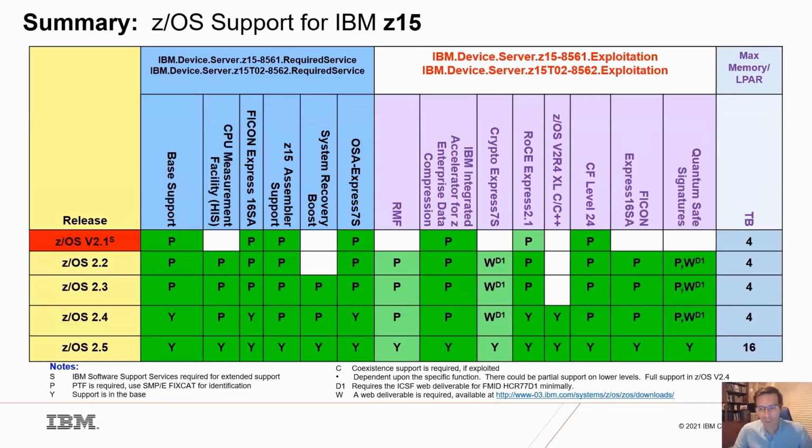Do you need web deliverables? Is it just part of the base operating system? And by operating system, you can see which functions are available or not available, which ones you need a PTF for, which you need a web deliverable for, and which things are in the base. And so this chart is my go-to chart when determining what I need in order to exploit these major functionality items on the z15.